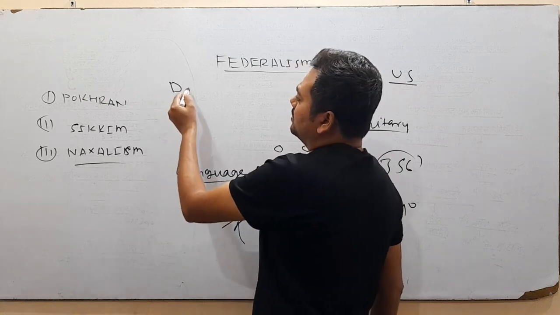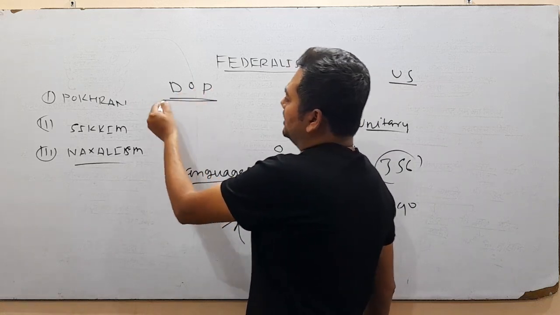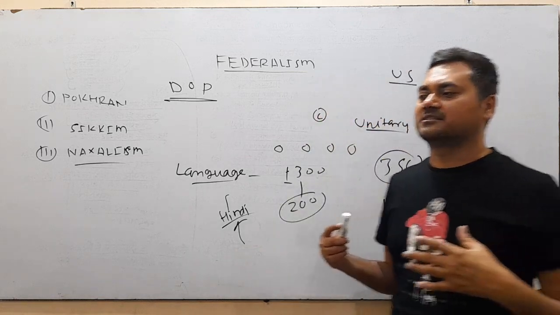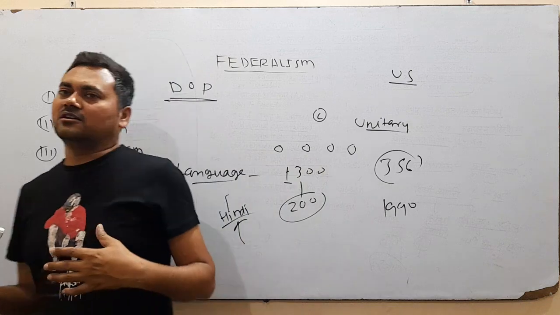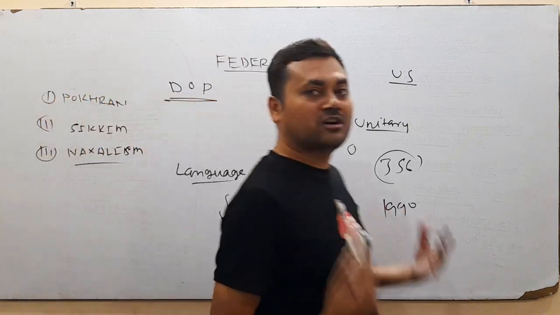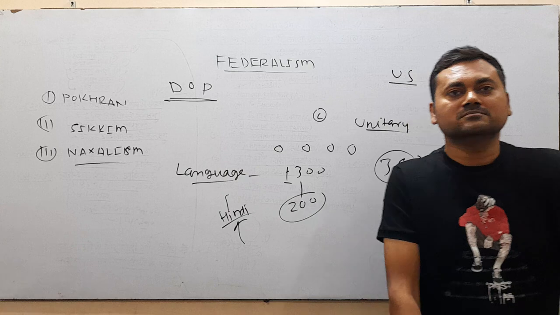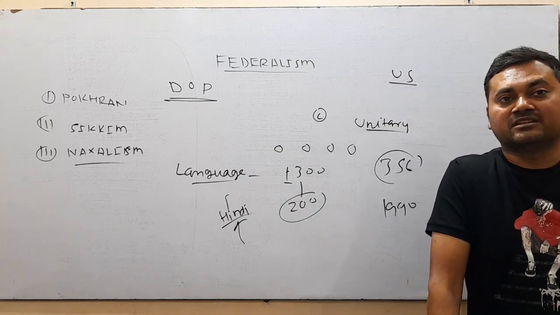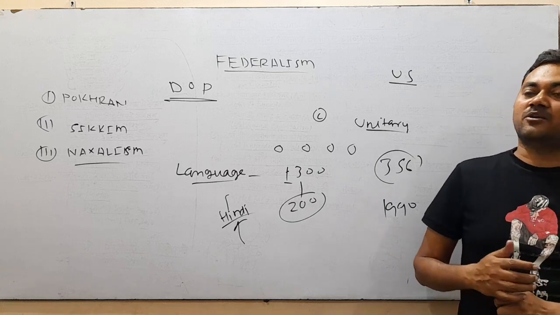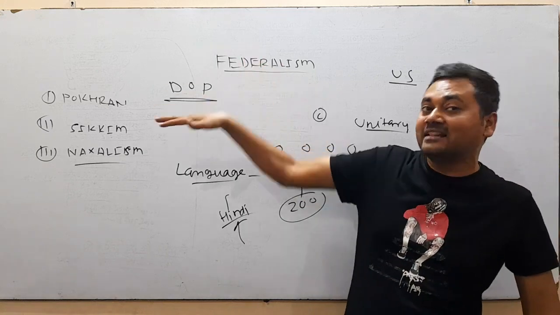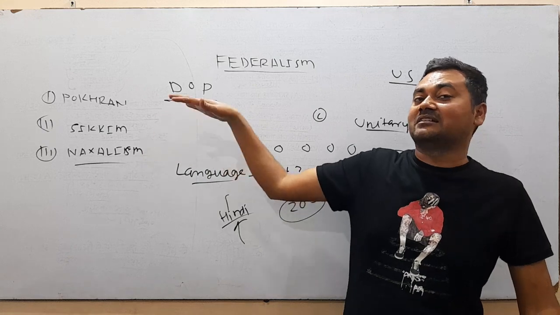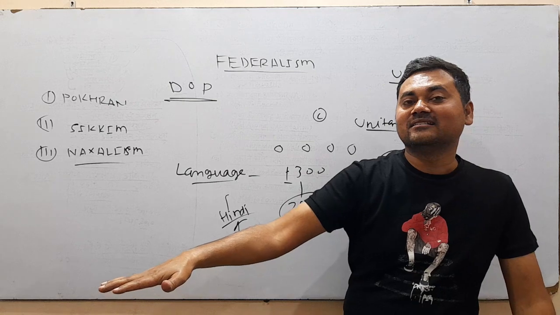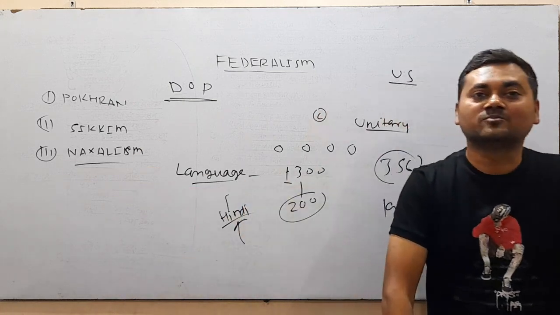Decentralization of the power. And this decentralization of the power you can relate with the formation of the local governments, the Gram Sabha and the municipalities in the urban areas. The decentralization of power means when the central government and the state government are giving their share of power to the Gram Sabha or the municipalities.